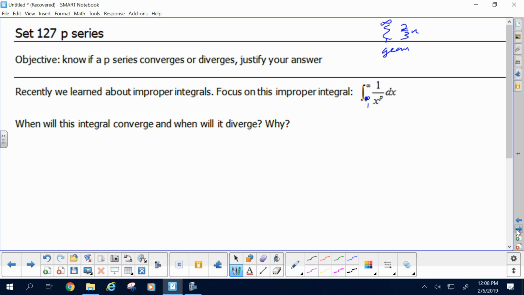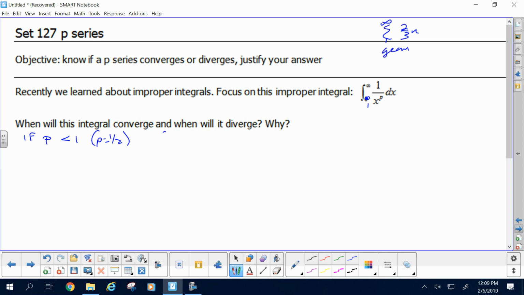So that improper integral would converge under certain conditions of what P is, a constant, and diverge under other constants for P. What do you reckon the great dividing line is? When P is 1 is the great dividing line. All right, so let's go if P is less than 1. Let's say P is a half, just to illustrate the point. Then I'll gradually get to the series idea, okay?